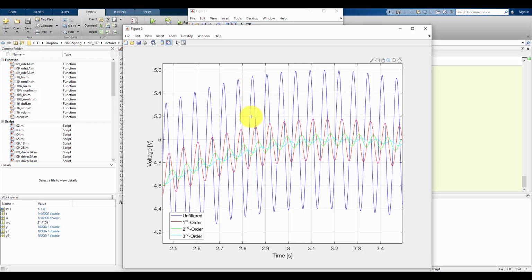So the time is getting delayed further and further as we increase the order of our filter. So we got some benefit that we got smaller and smaller amplitudes of the signal we wanted to remove, but on the downside, we are lagging further and further behind our input signal. So it's a trade-off when we're using these passive filters and we're increasing the order.